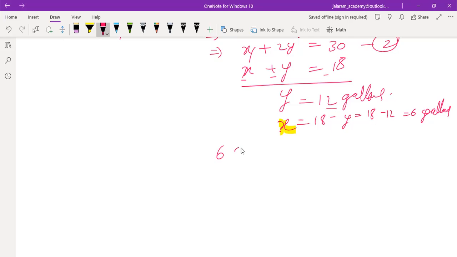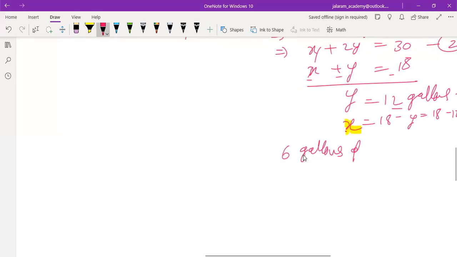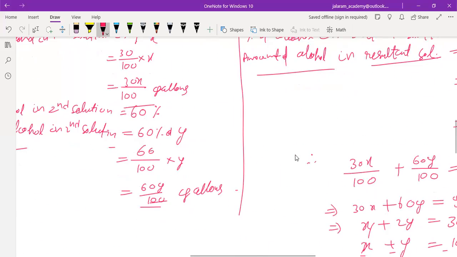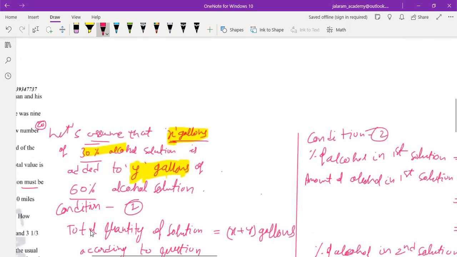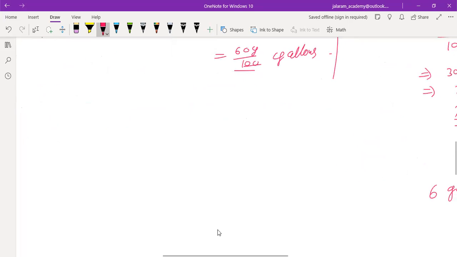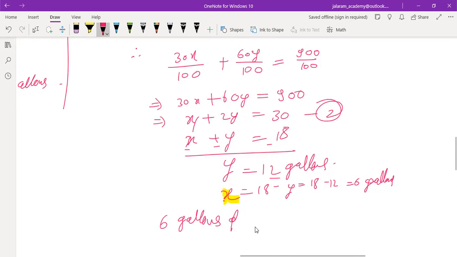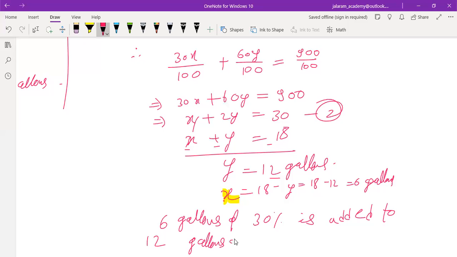So x means 6 gallons of the first type, that is 30%, is added to 12 gallons of the 60% solution. That's it. Is that clear to you?